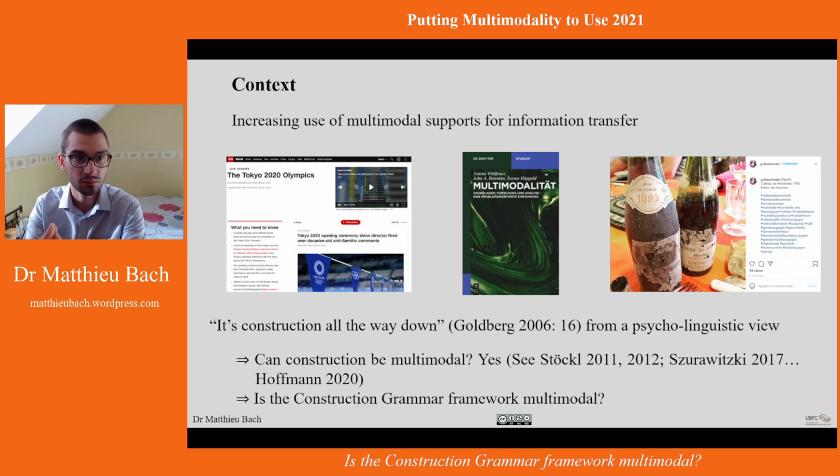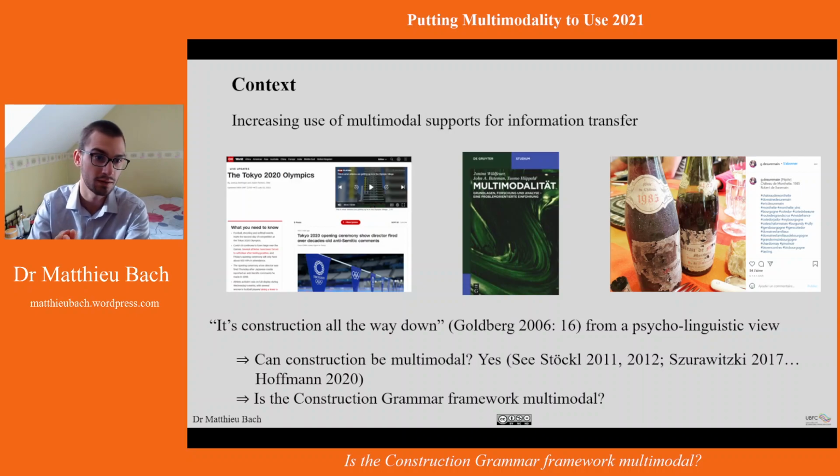So, in a broad context, we can say quite easily that there is an increasing use of multimodal supports for information transfer. That's really massive on the internet. I have two examples there.